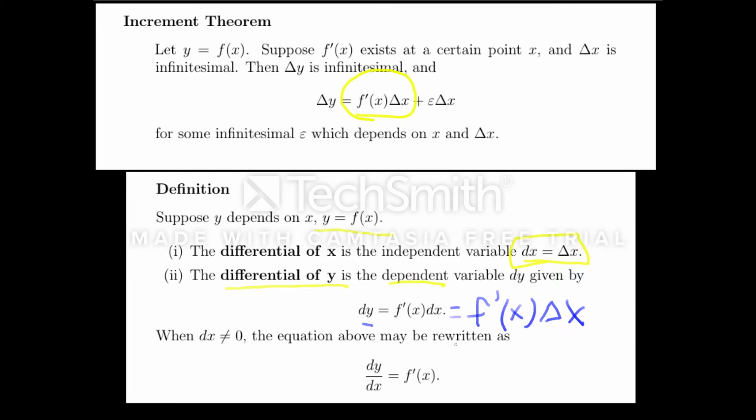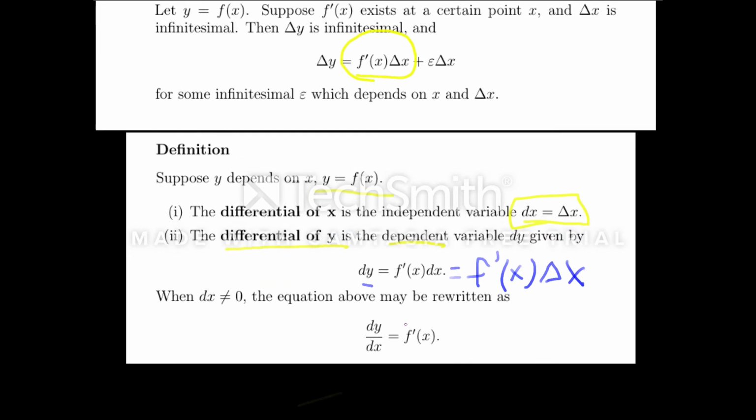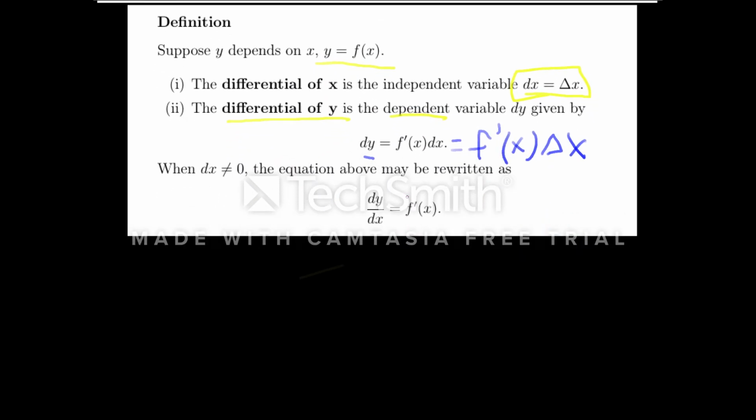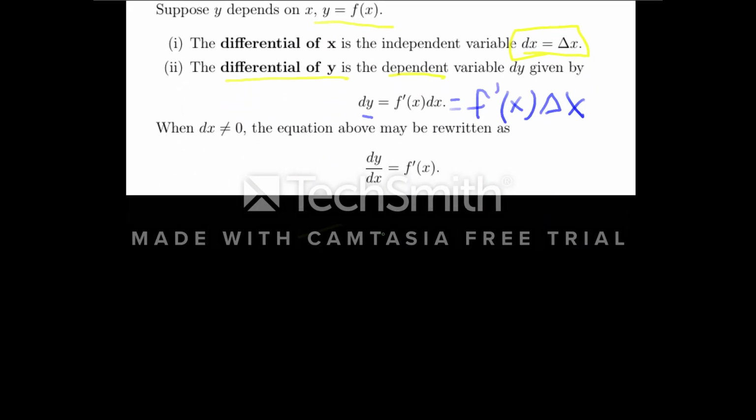And this gives rise to some nice notation, and something I haven't stressed before is the different origins of these notations. So on the left-hand side here is what's called Leibniz notation, after the mathematician Leibniz. And on this side, with the prime, is the notation that was introduced by Newton.